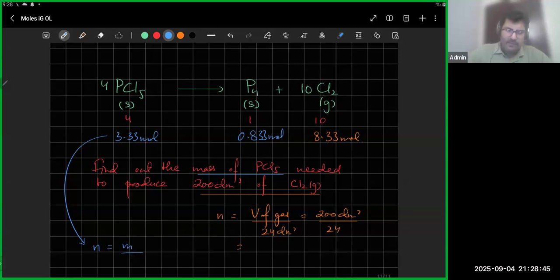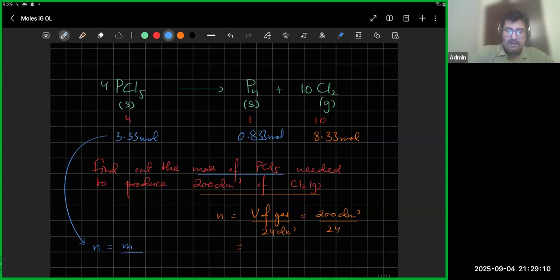The molar mass of this thing would be Cl. Molar mass of Cl, Cl क्या होता है? That's 35.5 in the periodic table times 5. Plus, इसमें P add करना है. P is 31. Just 1 second. 35.5 times 5 is 177.